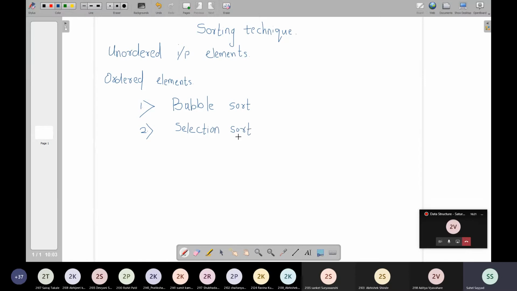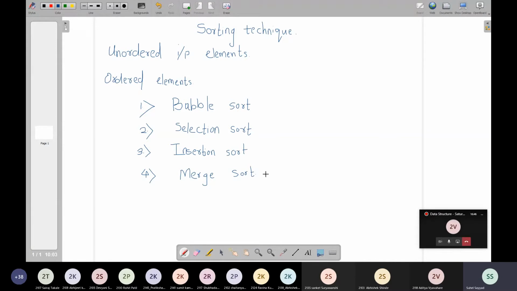Take down these names in your notebooks. Third one is insertion sort. Fourth one is merge sort.